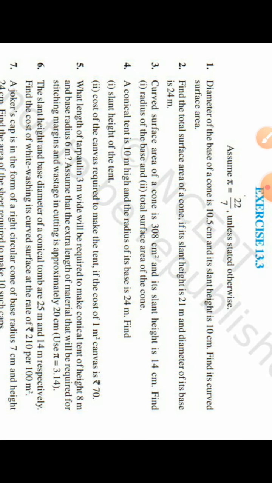So keep in mind, start from given, not directly from what you are asked. First we write the formula CSA equal to pi R L. CSA and L are given, we are asked to find R and TSA. Now we go to the solution part.